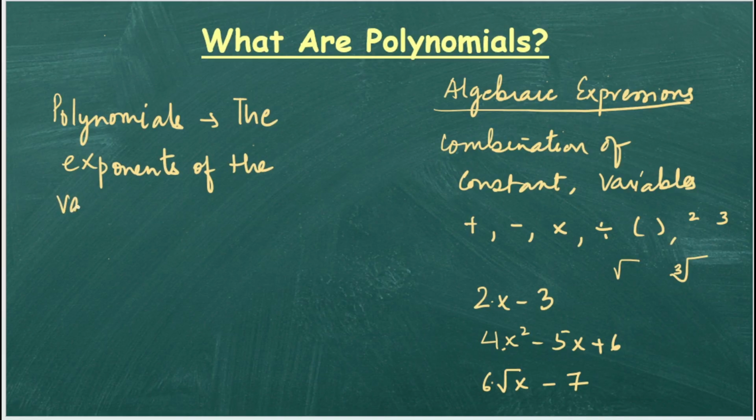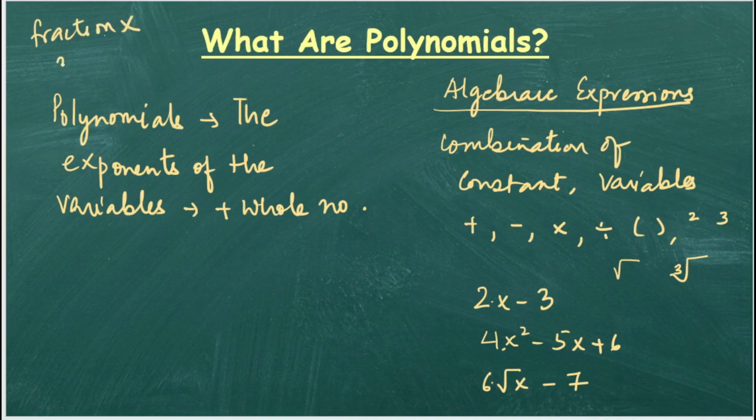Okay, always remember the exponent of the variable must be a positive whole number. When I say positive whole number, it means the exponents cannot be fractions. Okay, it cannot be negatives. All right, because it needs to be positive and it needs to be a whole number.